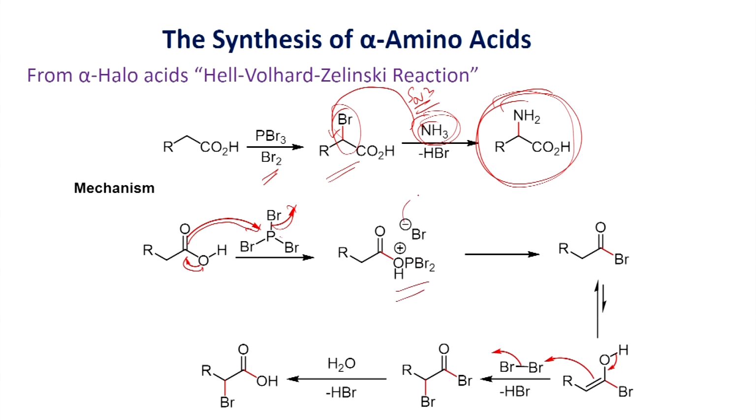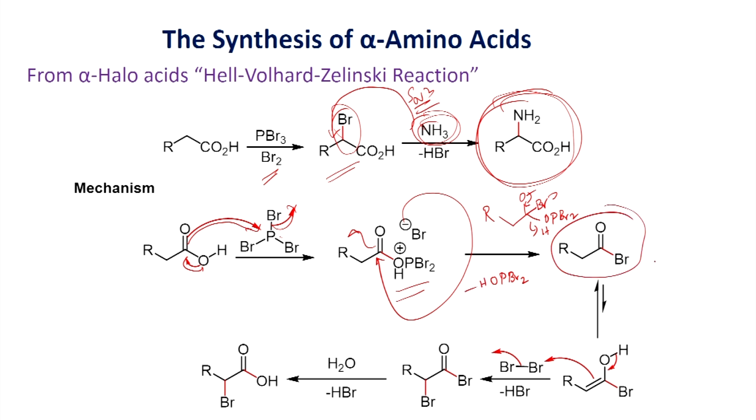Once you form this salt, it can undergo addition reaction with this carbonyl group as shown here, and then you will be able to form this, which can lose, and then you get this acyl bromide.